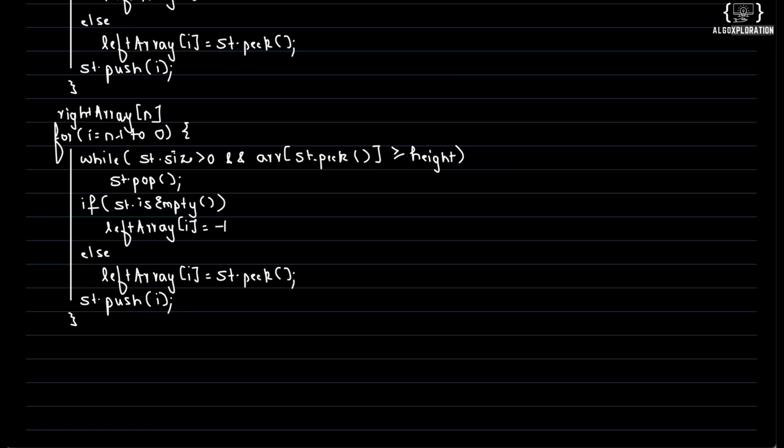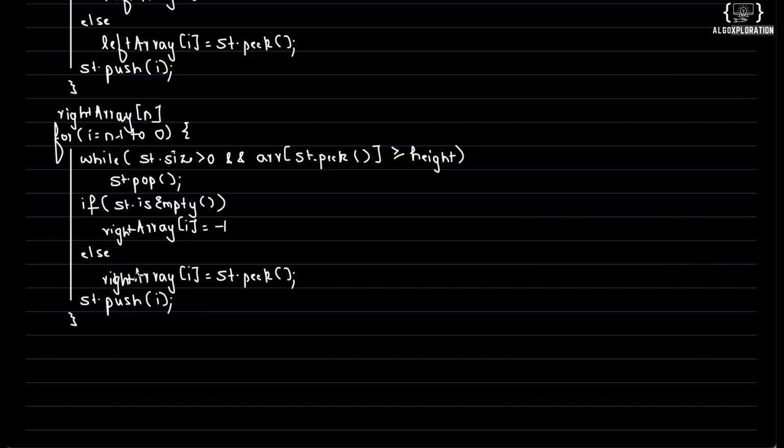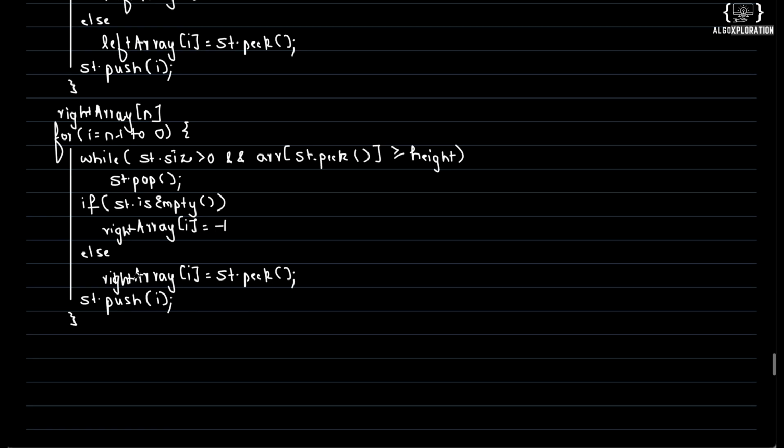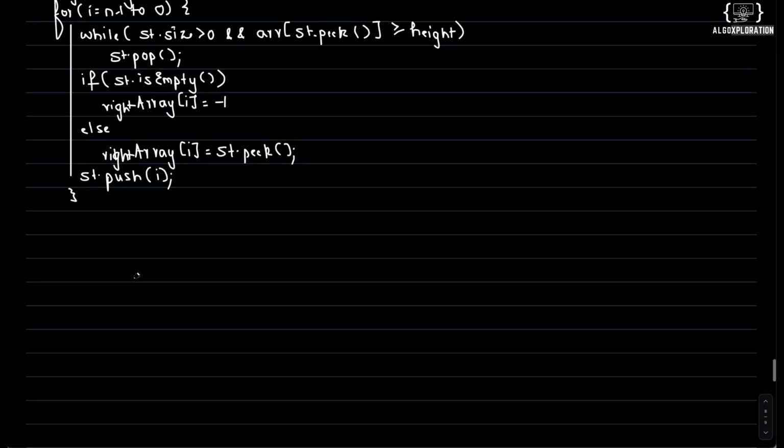Okay, and all the logic will be same. Okay, only I need to change the left towards right. Okay, these two for loops are usually created for finding the left array and right array, that is nothing but previous smaller element and next smaller element.